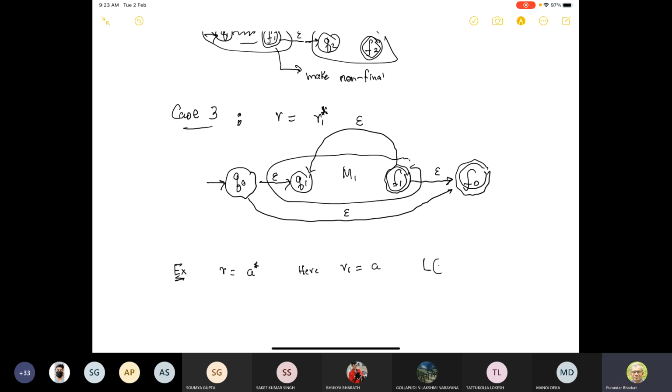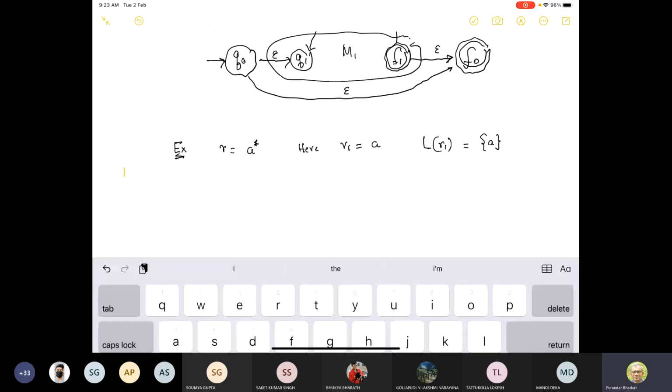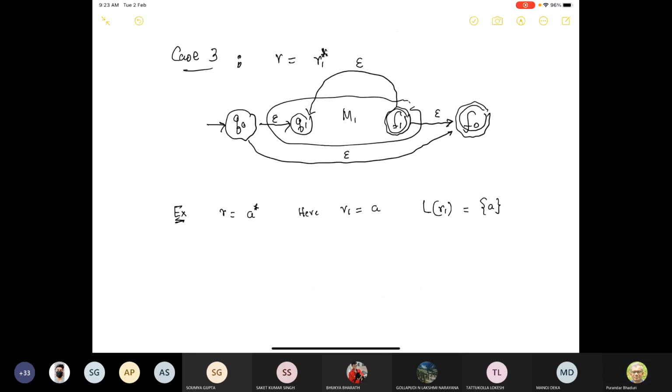So LR1 is the singleton set, this. So M1, this is M1. Right? This is M1.